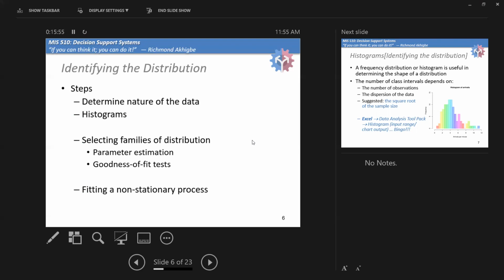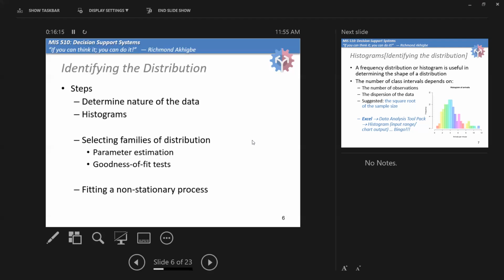But can we live without it in simulation? The answer is no, we still have to fit a distribution. So how do we do it? Arena again comes to rescue us here. There's a tool that comes with Arena called the input analyzer. I'm going to show you.